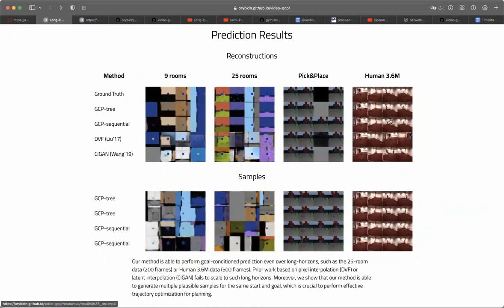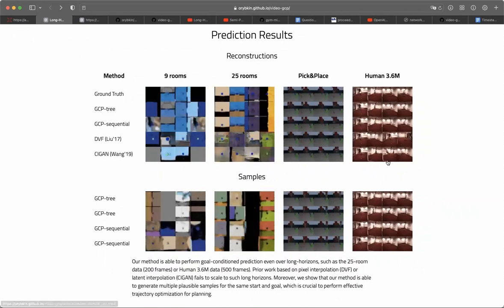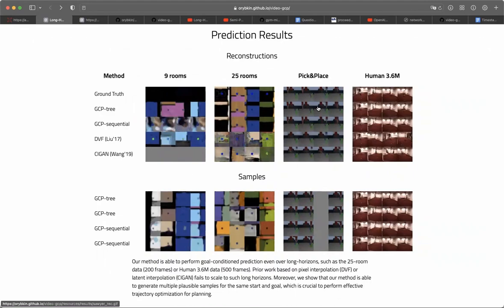In the second type of environments, we have a stable view environment. For example, there is a video of a human navigating in a room, and camera is stable, and only the person is moving from one place to another.